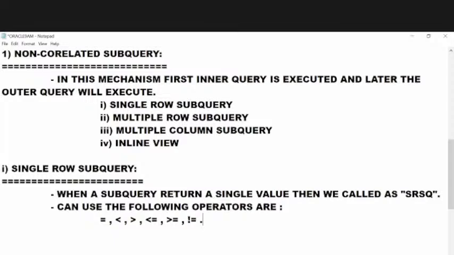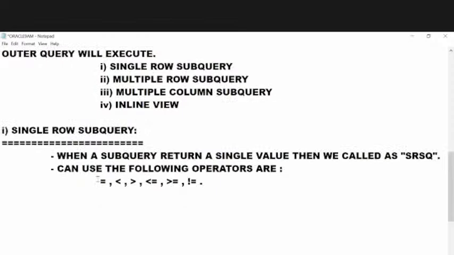And why only these operators? These operators we are specially using for comparing how many values? Only a single value. For example, x is equal to 10, or x is equal to 10, 20, 30. Which one is correct? The first one. The equal operator is used to compare a single value.